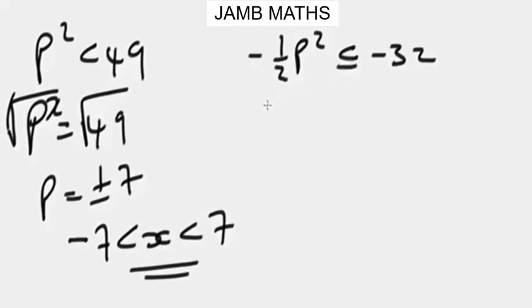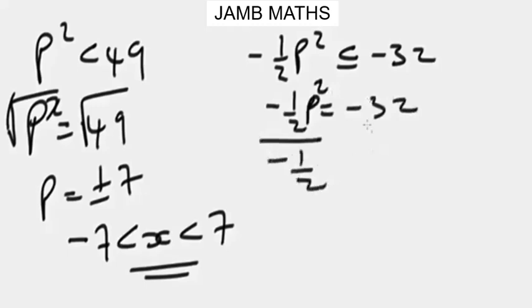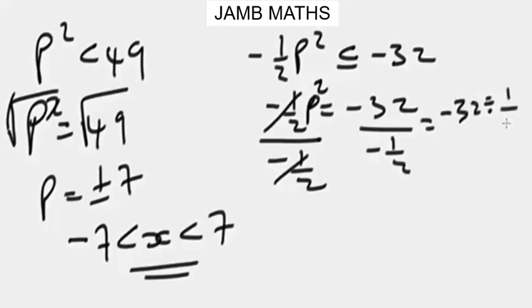So this is minus 1 over 2 p squared equals minus 32. Firstly, divide both sides by minus 1 over 2. So this will cancel this. Now, minus 32 divided by minus 1 over 2 is the same thing as minus 32 divided by 1 over 2.